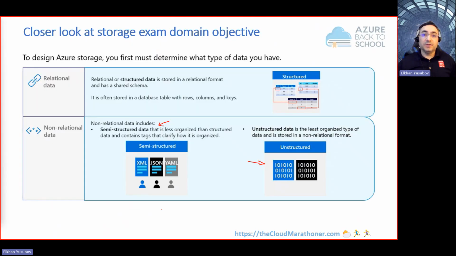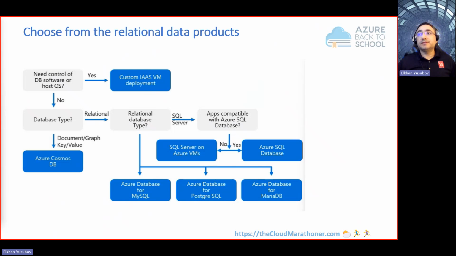Okay. So now let's look at some relational data services and products that you have in place and you can use in your day-to-day design. So first of all, this is the small kind of decision tree map where, depending on what's your solution and what are your requirements, you have some decisions to make.